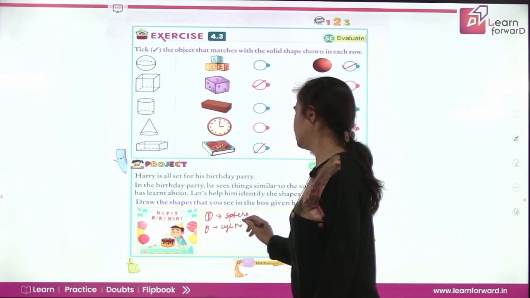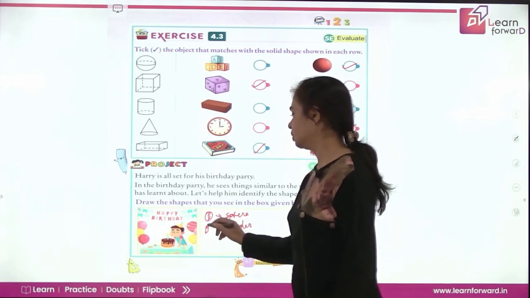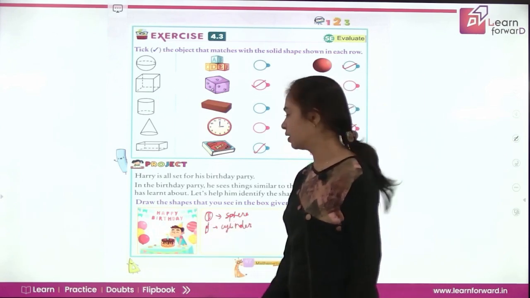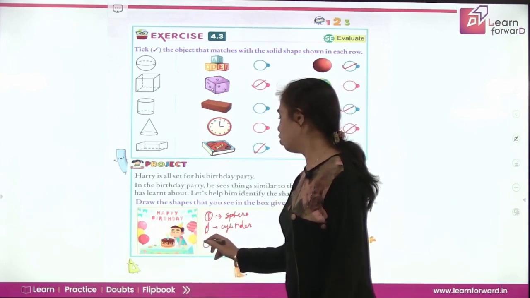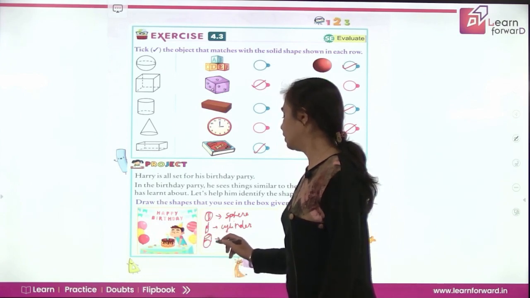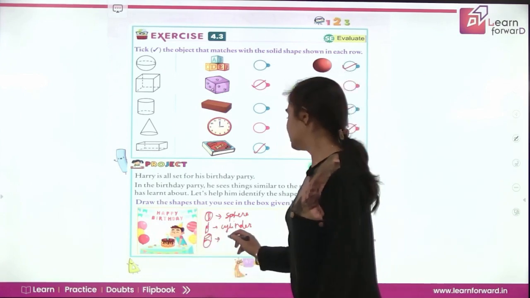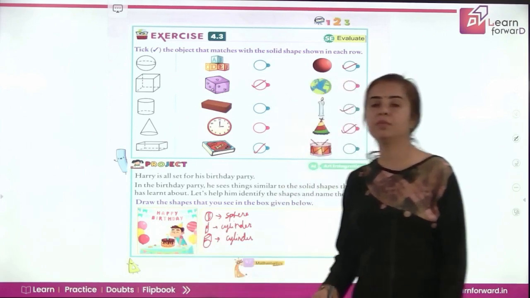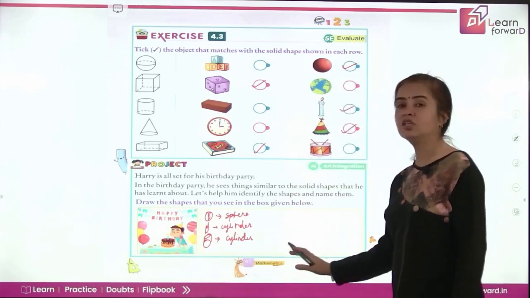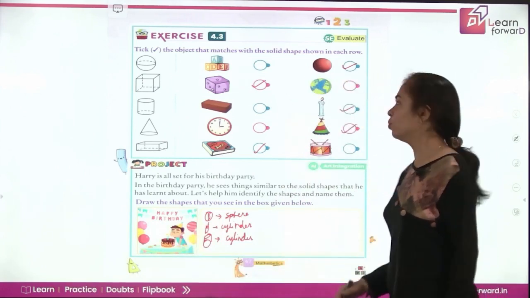So write the name of the shape, right? This is your candle. Even the cake, yes. So just look for all other things around you. Your cake is here and it is cylinder again. So whatever things you see here around him in the birthday party, just draw the shape and write its name also.